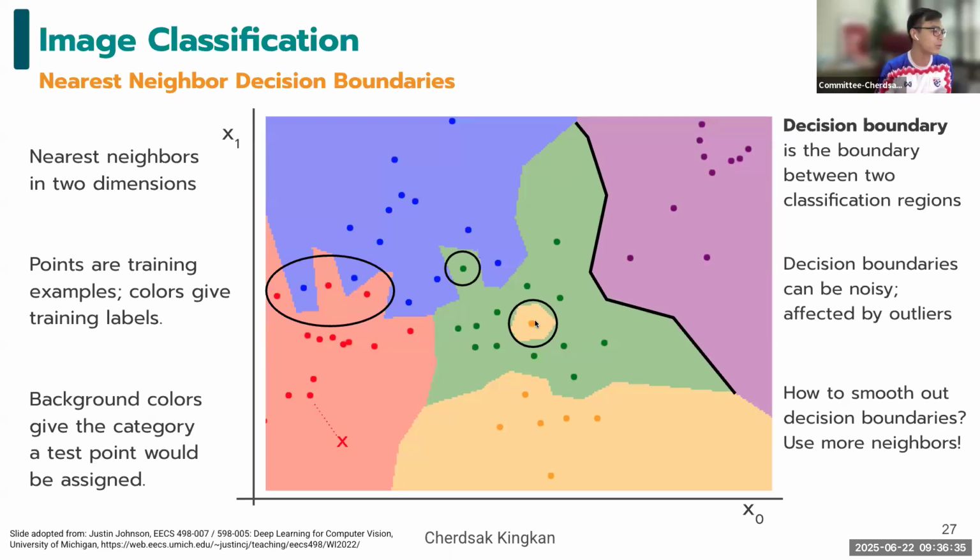So this would probably be some noisy sample or some outlier. So the question is how can we smooth out these decision boundaries, right? The answer is you just need more samples, right? You just add more samples or use more neighbors.